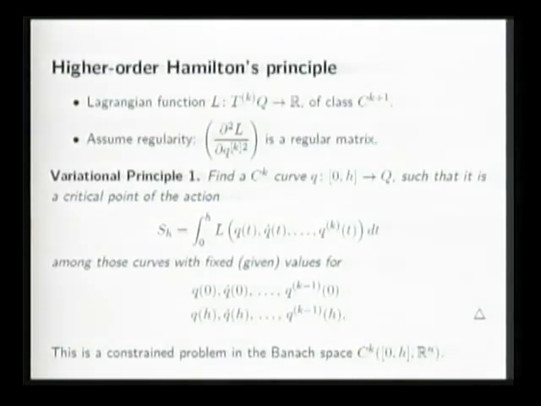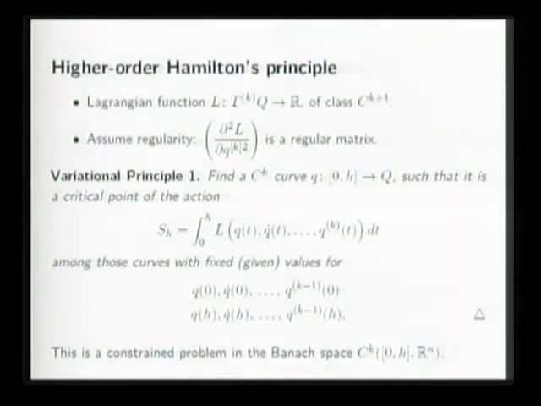So if you have a Lagrangian function on your k-th order tangent bundle of class C^(k+1) at least, which is also regular, we assume that the Hessian matrix with respect to the last derivatives is a regular matrix.